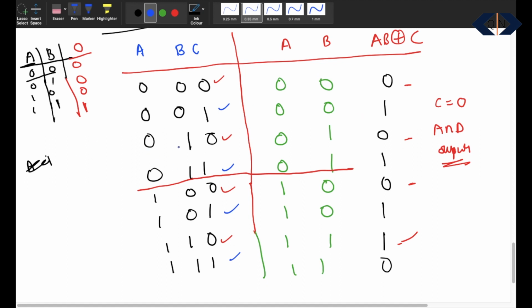Again 0, 1, again we are getting 1, so it is not correct. 1, 0, again we are getting 1, so it is not correct. 1, 1, we are getting 0, it is definitely not correct. So from here we can understand that wherever our C input is 0, we are getting the output of AB, the output of the AND gate.